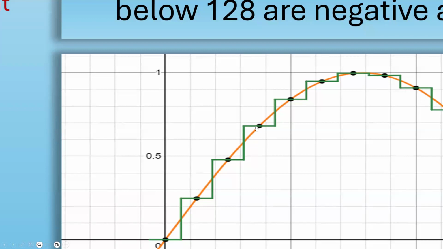So the number is going to be assigned to this value at this point, or that value as far as the y-axis at this point here. And your vertical resolution is going to pull it to the closest value that you have as far as the vertical granularity.